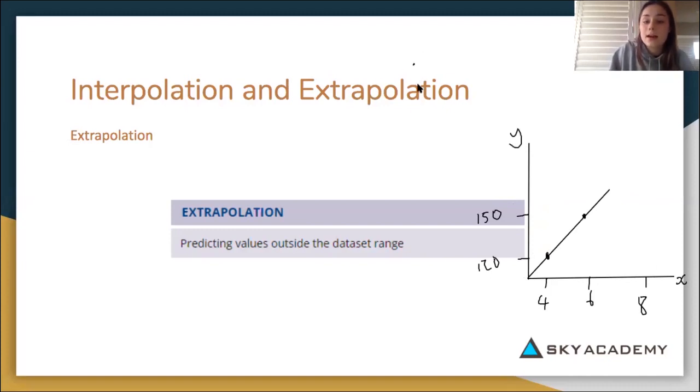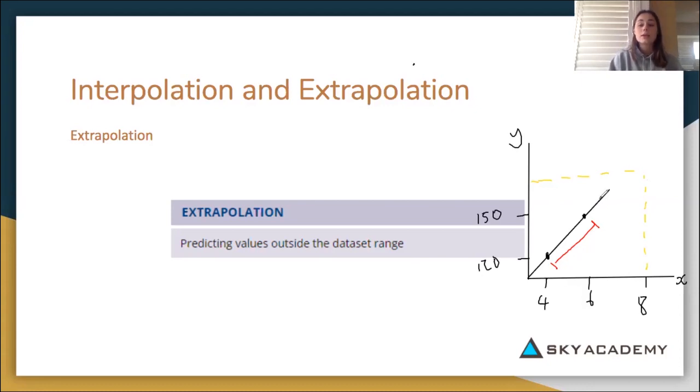My data range, once again in red, was from this point to that point. And if I was to predict something when x equals 8, I would be predicting outside my data range.